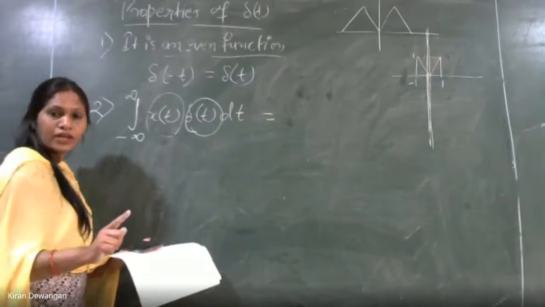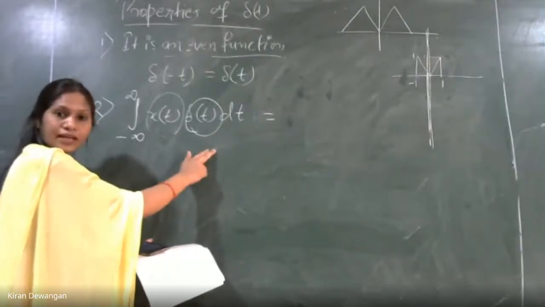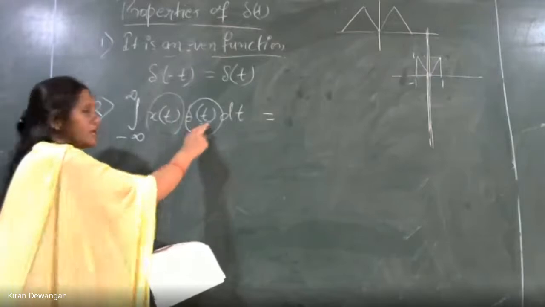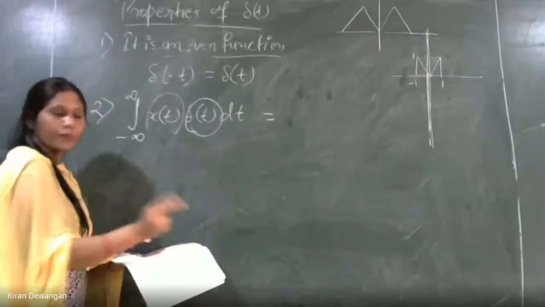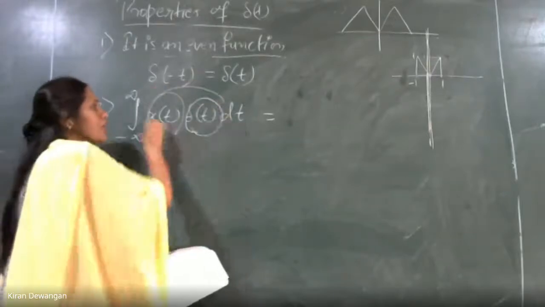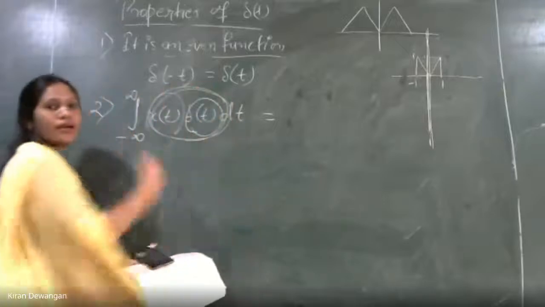Are you getting my point? Yes ma'am. What I am trying to explain, this is multiplication of xt into del t. तो del t 0 है सारे values पे, it exists only at t equals to 0. तो सारे negative values of t पे ये पूरा 0 रहेगा. सारे positive values पे भी ये 0 रहेगा.